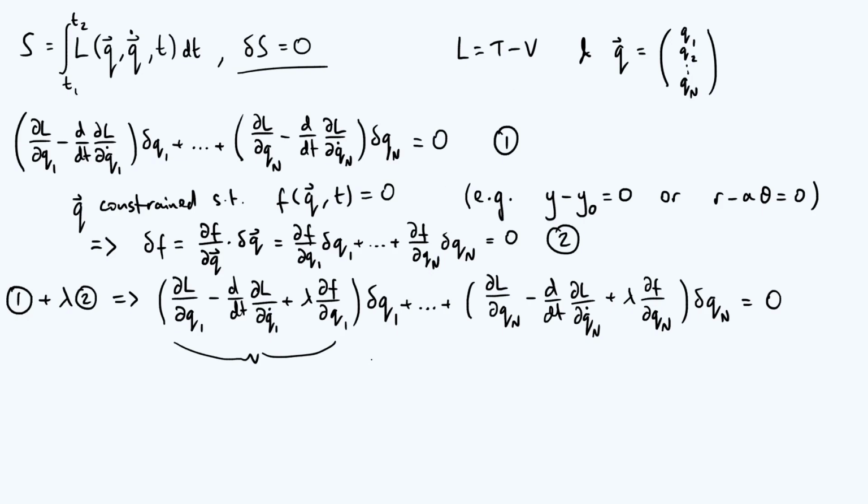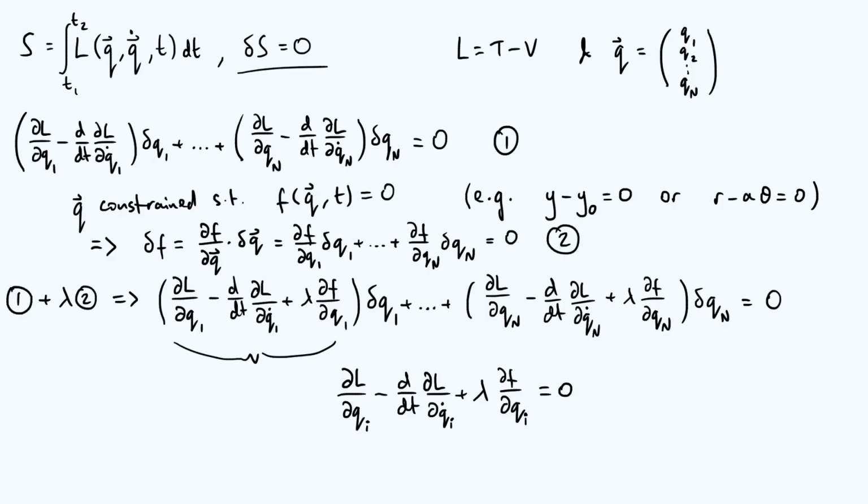And so if we were to write out the resulting equation for some arbitrary coordinate qi, you would end up with dL by dqi minus d by dt of dL by dqi dot, plus this as yet undetermined factor lambda, which by the way is called a Lagrange multiplier, multiplied by df by dqi. That should be equal to 0.